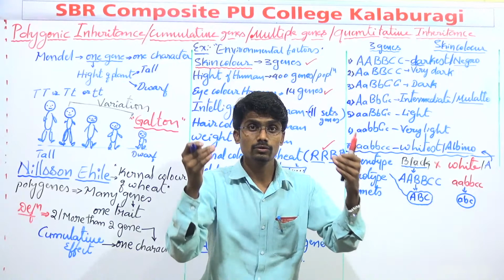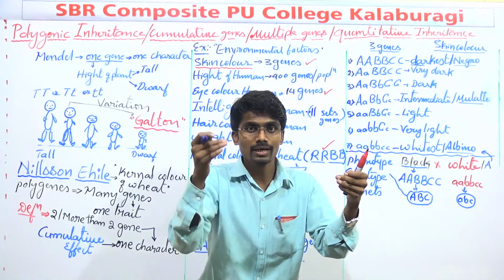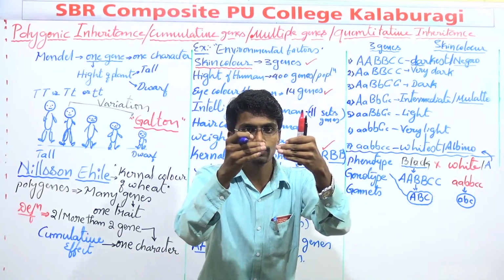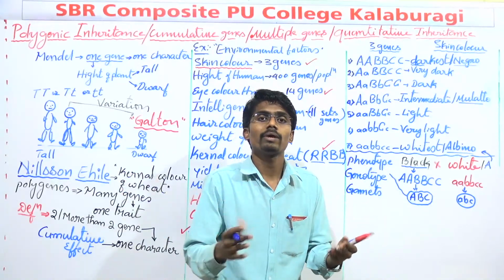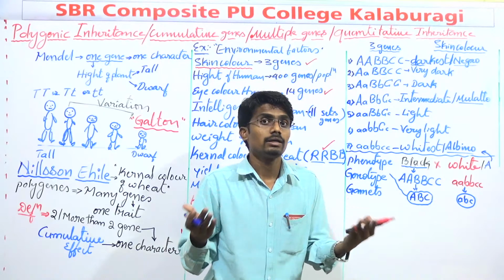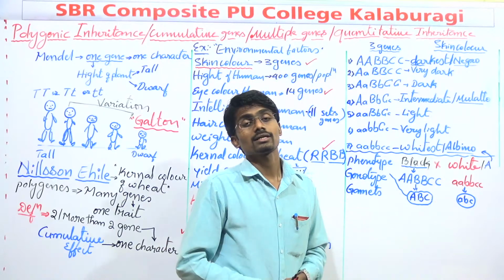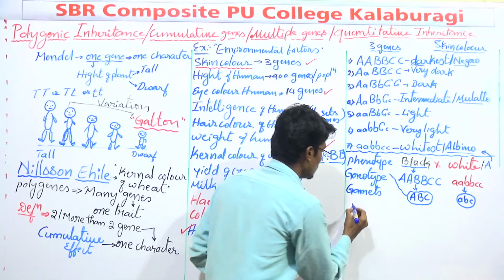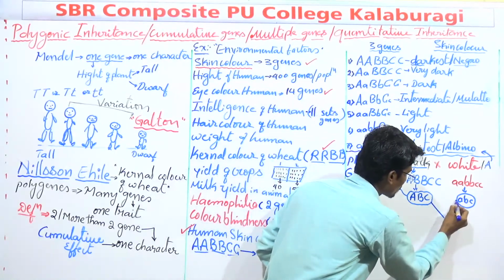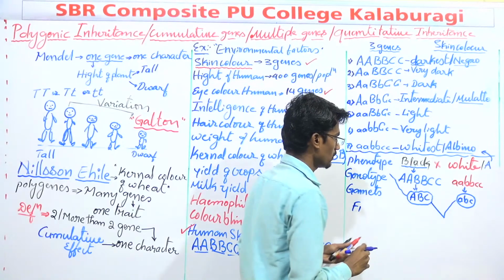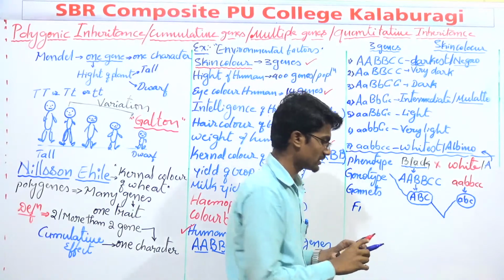When these two gametes, male gamete and female gamete, get fused with each other, it becomes a zygote and undergoes embryonic development. After nine months, it produces progeny. What is the color of progeny? You can see here in the F1 generation, the progeny become like this. Can you guess?